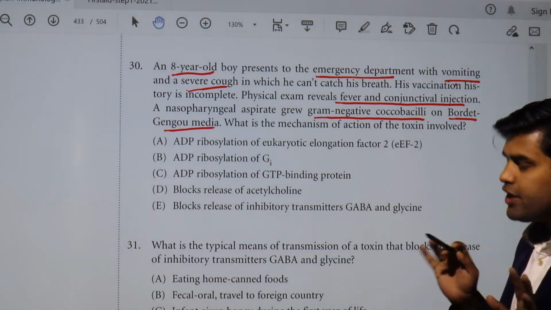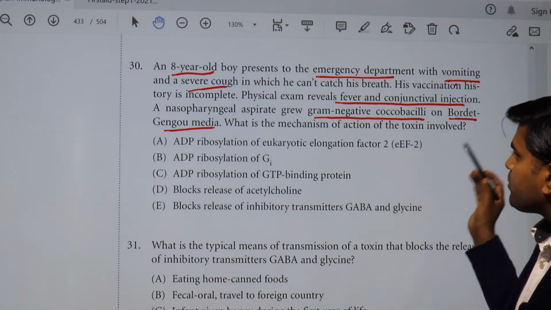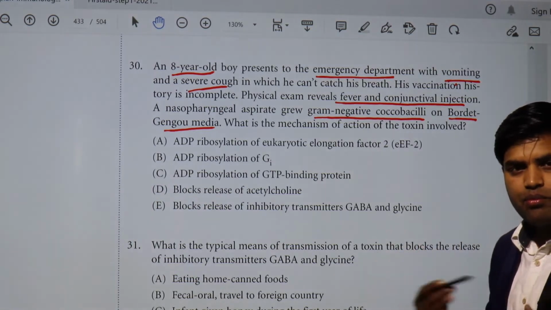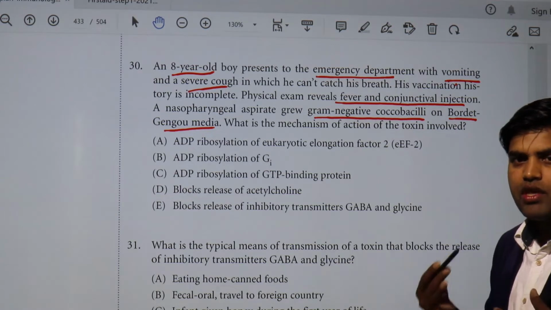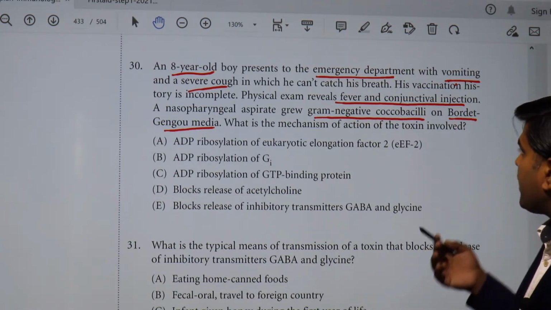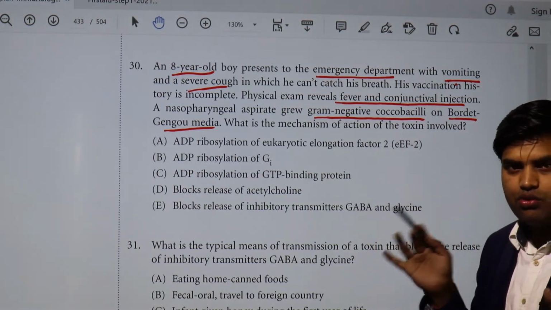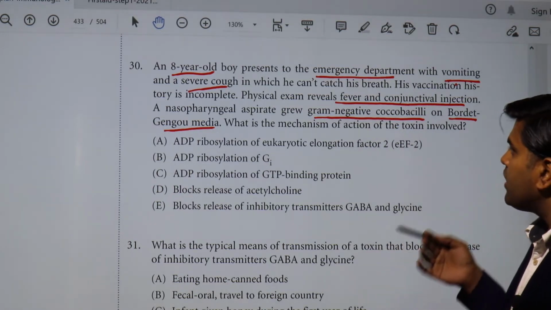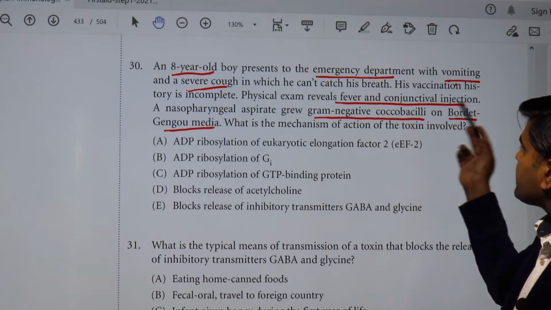This is an 8-year-old boy who has presented to the ER with a severe cough, where he can't take a breath. His vaccination history is incomplete, so we are not sure about it. Now there is fever and conjunctival injection.